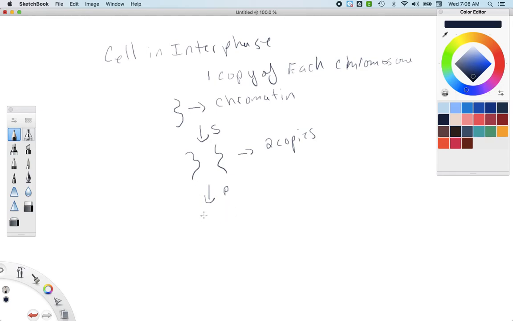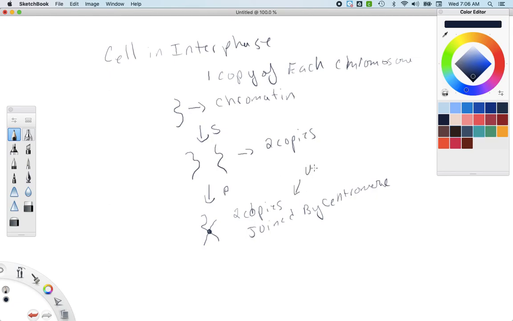These two copies are going to join each other with a centromere in the form of a chromosome.